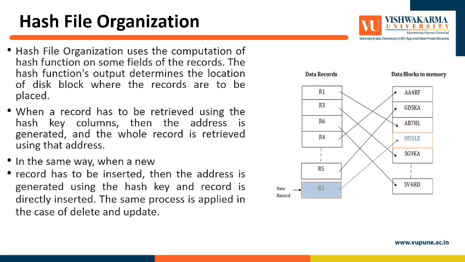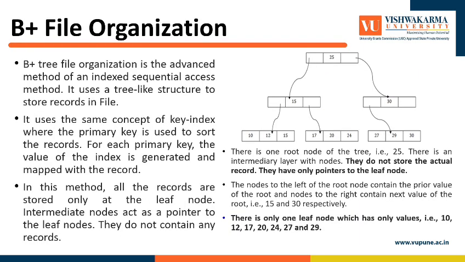B plus file organization. The B plus tree file organization is an advanced method of the index sequential access method. It uses a tree-like structure to store records in the file. In the diagram, you can see the file organization which is a B plus tree file. It uses the same concept of key index, where the primary key is used to sort the records. For each primary key, an index value is generated and mapped with the records.